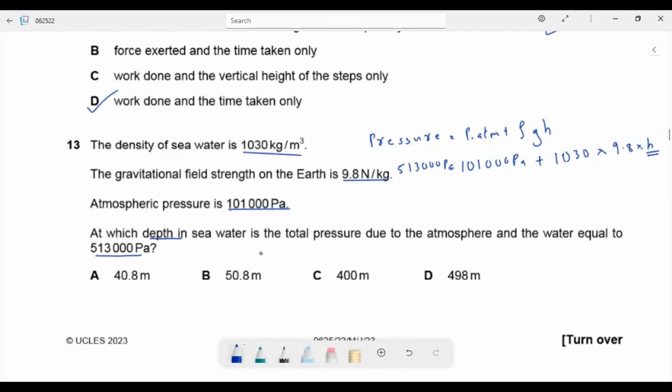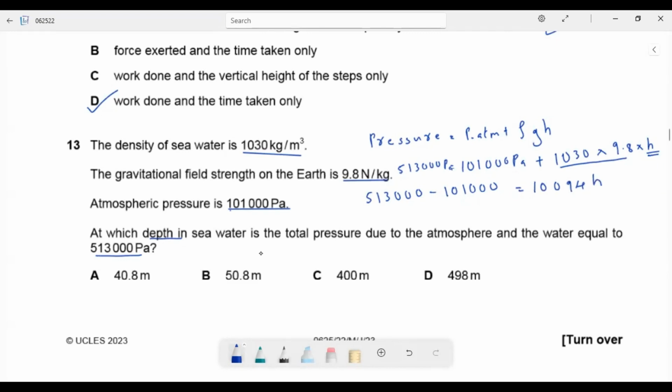So I'm taking this left hand side, that is 513,000 minus 100,000, that is equal to 1030 into 9.8, that is equal to 10,094 h.